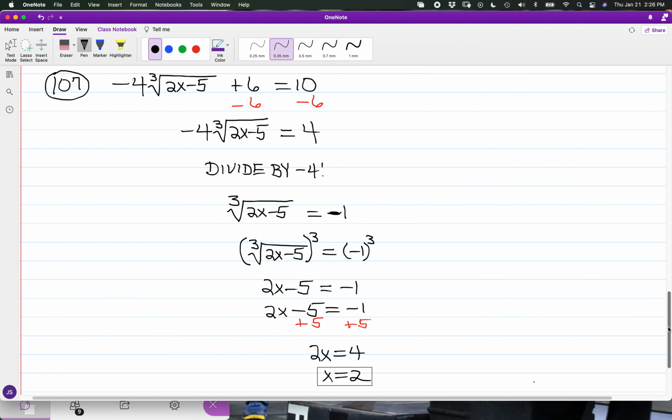Now for 108, I have another odd root expression, and this time we have the fifth root. We have negative 3 times the fifth root of 4x minus 1, followed by the addition of 2, is equal to 8.